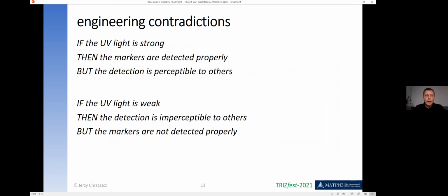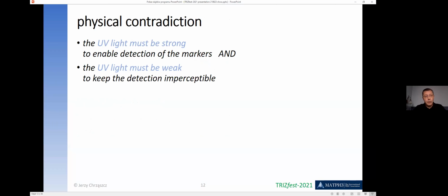On the other hand, the weak UV light would increase imperceptibility of the detection, but it would deteriorate its effectiveness. We can combine these engineering contradictions into a physical contradiction, stating that the direct UV light illuminating the object must be strong and it must be also weak for justified reasons.